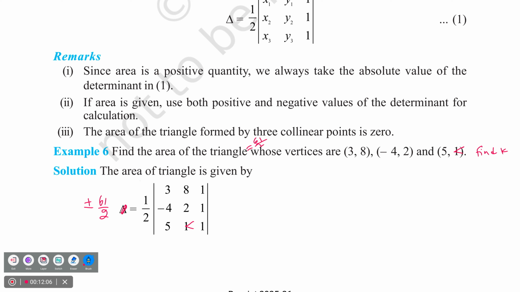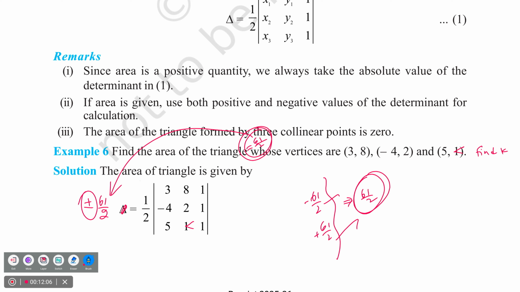Sir, when we apply determinant, it may come negative or it may come positive. We don't know whether it comes negative or positive. Whatever it comes, finally we take it as a positive value. But in the determinant, it will come negative also. So the given 61 by 2, when you take it to the determinant, we should apply plus or minus.